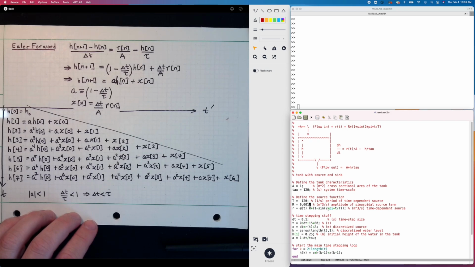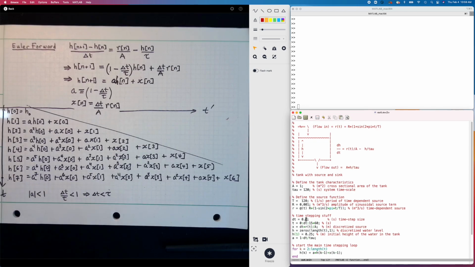And this is the flow function. It oscillates sinusoidally from 0 to 1 with a period capital T, which in this case is set to 2 minutes. And then for time stepping, let's pick a time step of 10 seconds. So that'll be 12 time steps per period, or 12 time steps per intrinsic timescale tau.